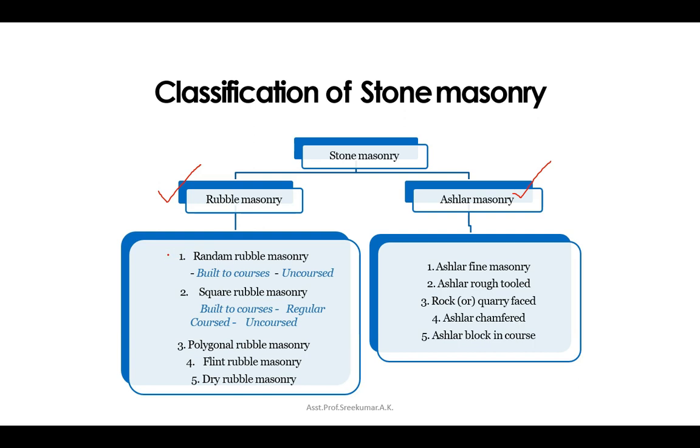In case of rubble masonry, it's classified into random rubble masonry, square rubble masonry, polygonal rubble masonry, flint rubble masonry, and dry rubble masonry. In case of ashlar masonry, it's classified into ashlar fine masonry, ashlar rough tooled masonry, rock or quarry faced masonry, ashlar chamfered masonry, and ashlar block in course.